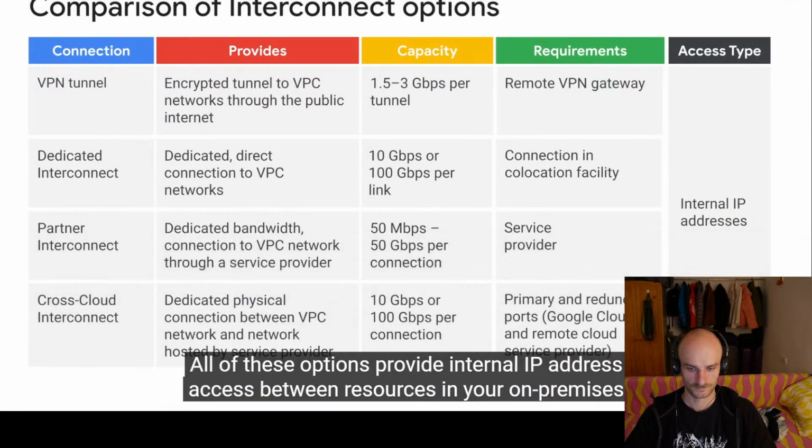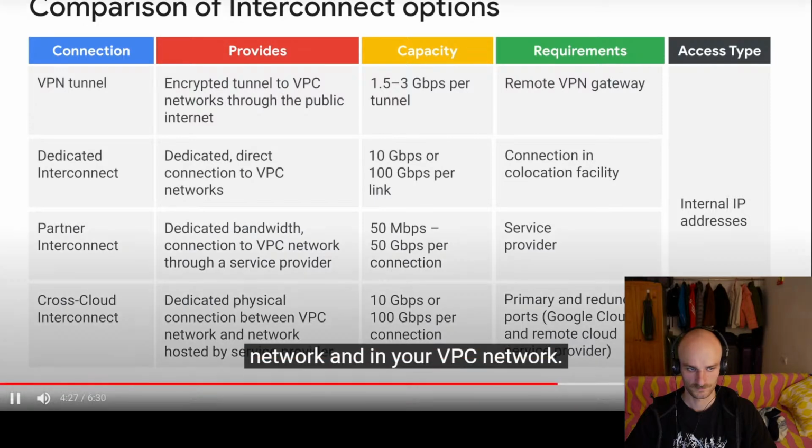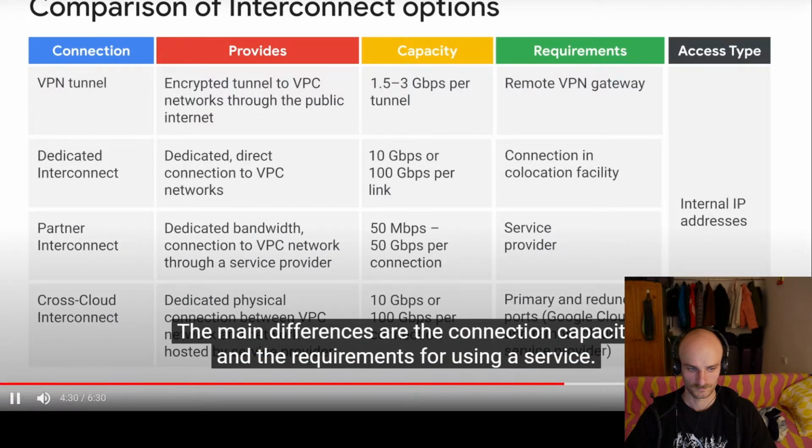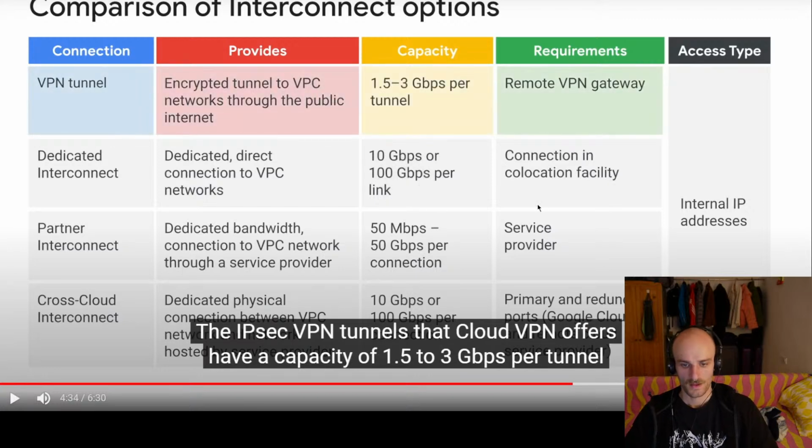All of these options provide internal IP address access between resources in your on-premises network and in your VPC network. The main differences are the connection capacity and the requirements for using a service. The IPsec VPN tunnel has a limited bandwidth capacity. Then we have Dedicated Interconnect and Cross-Cloud Interconnect, which are on the same page, I would say.